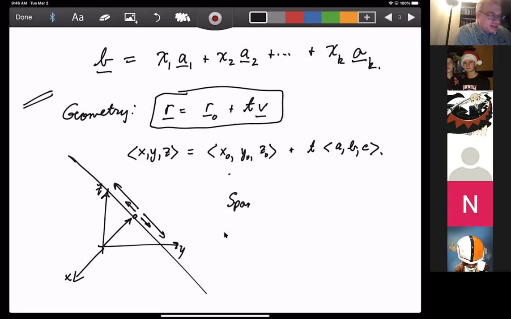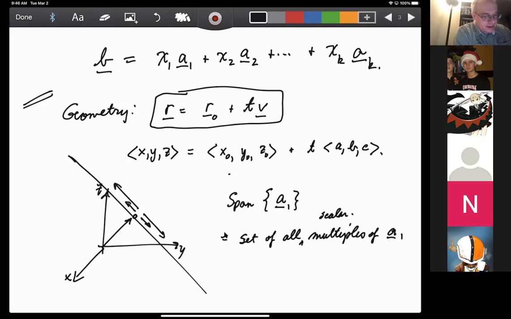Okay, so you've got a certain set of linear combinations there. And what's the span of one vector? That's the set of all scalar multiples of the vector. So that's the set of vectors of the form t times a1 such that t is a real number.